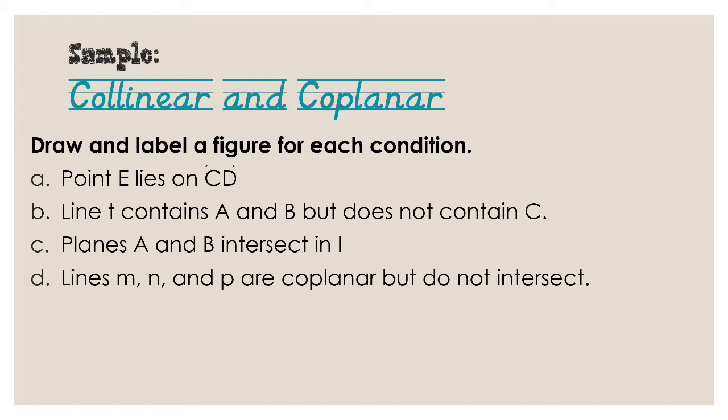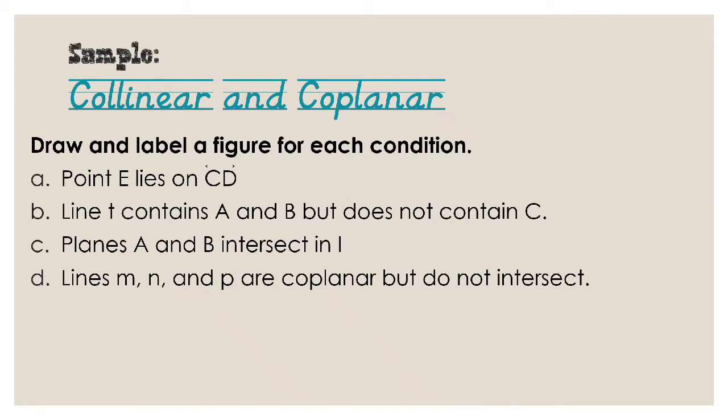Okay, so let us move on with letter B. Line T contains A and B but does not contain C. How do we draw this one? Okay, here are the instructions. First, you're going to draw a line.